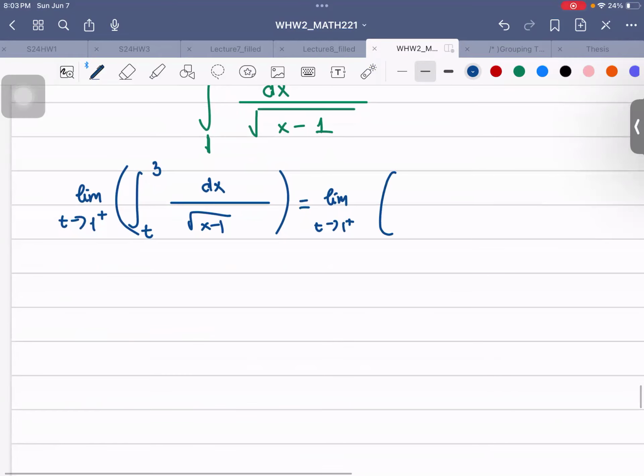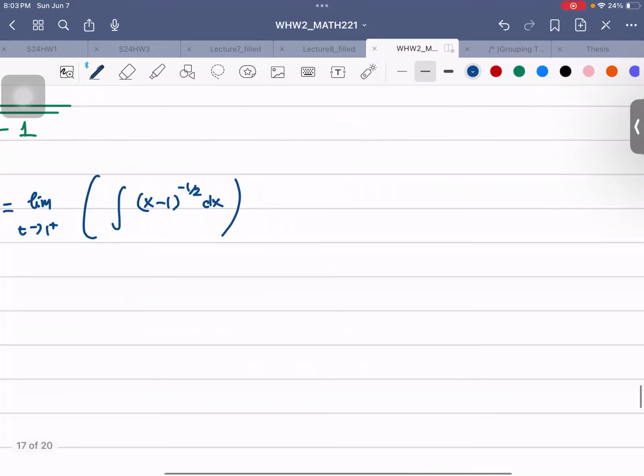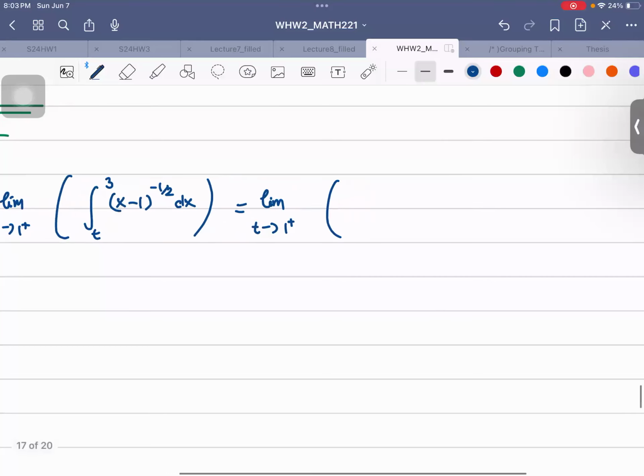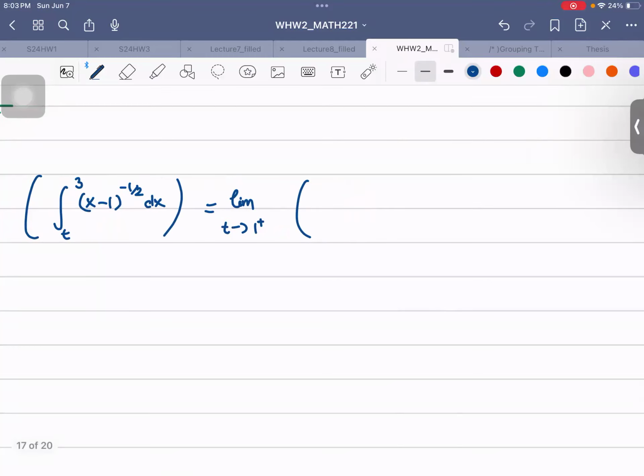You can rewrite your integration as x minus 1 to the power of negative 1 half, from t to 3. For the integral of x minus 1 to the power of negative 1 half, you just need to use the power rule.